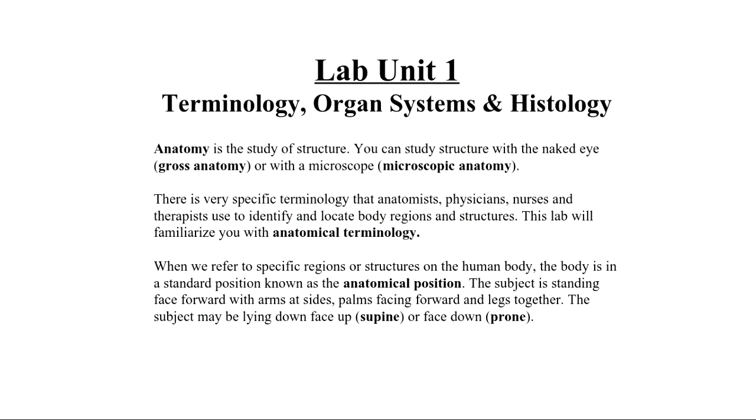You want to be able to visually identify all the organs specifically outlined in this lab unit. And then histology would be the other significant portion, which is the study of tissue. So I just want to go through each slide, slide by slide, so you can have a feel for how this is going to go this summer.